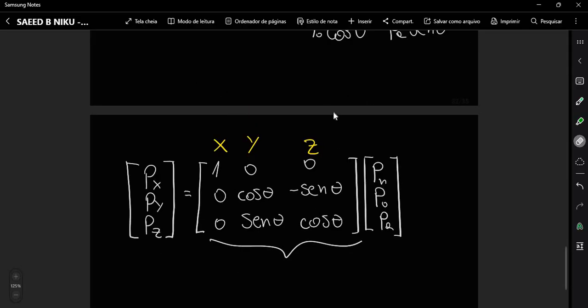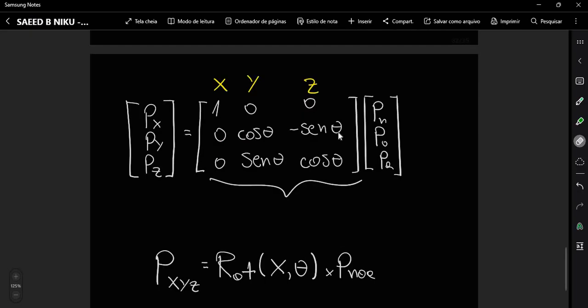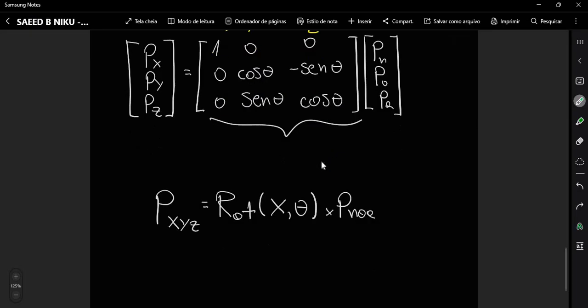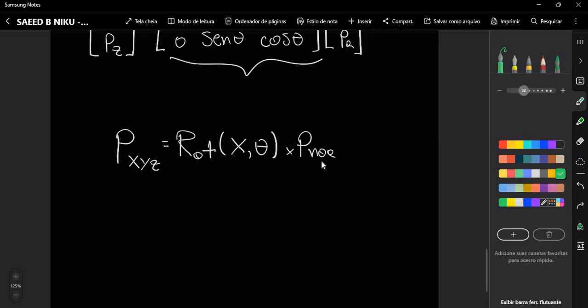And it's very important for you to understand. Just by looking at the matrix, you have to know what type of movement this rigid body or vector or point is doing. Let me keep going.